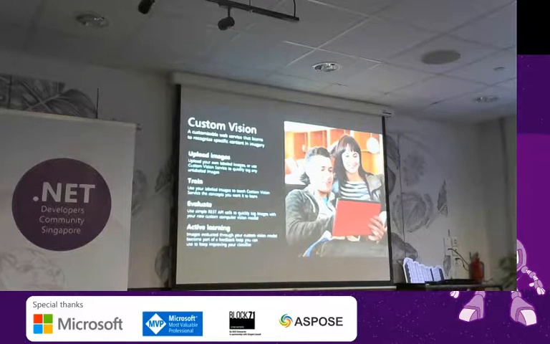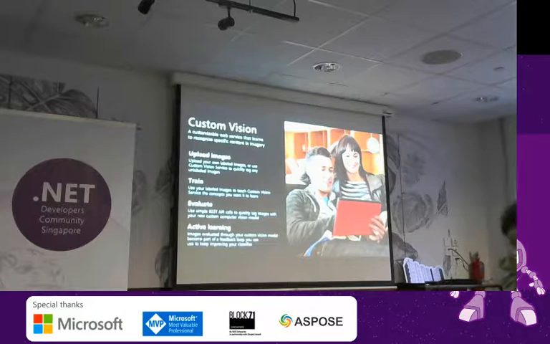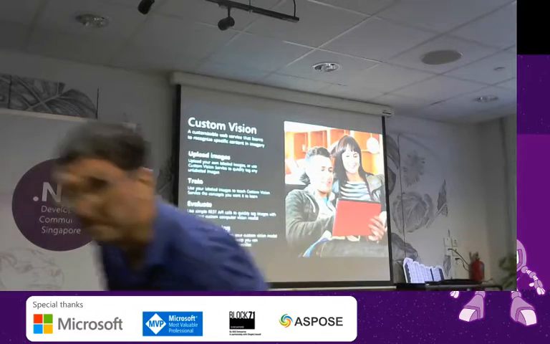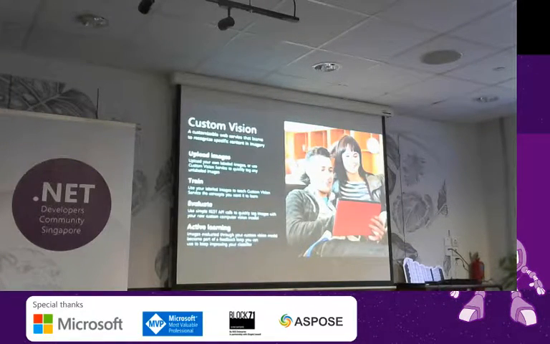You can upload your images to the custom vision website, then train there, then evaluate whether it meets your requirements. Then you can export the model, which is cool. And of course you can do active learning.